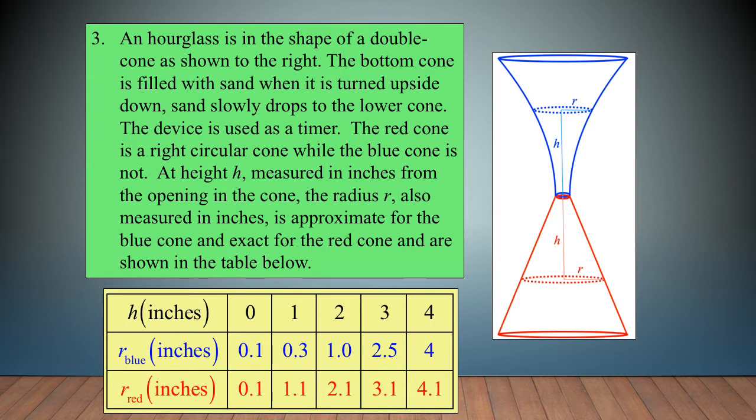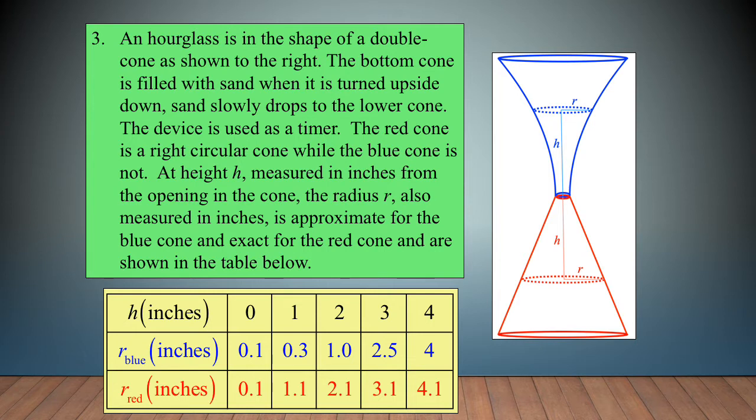The red cone is a right circular cone, but the blue cone is not. At height h, measured in inches from the opening in the cone, the radius r, also measured in inches, is approximate for the blue cone and exact for the red cone, and are shown in the table below.